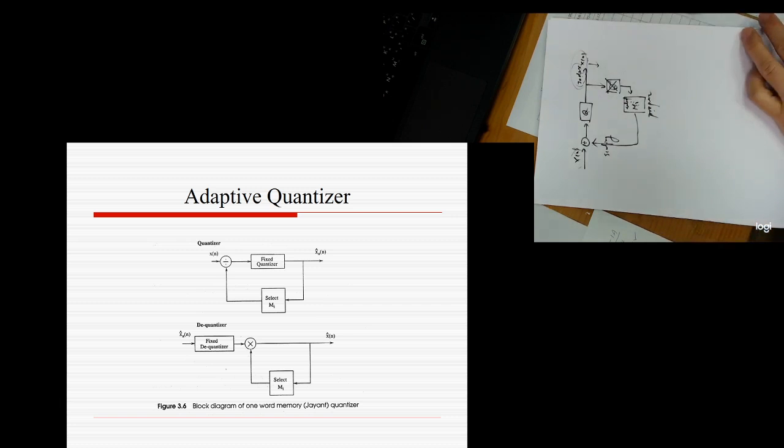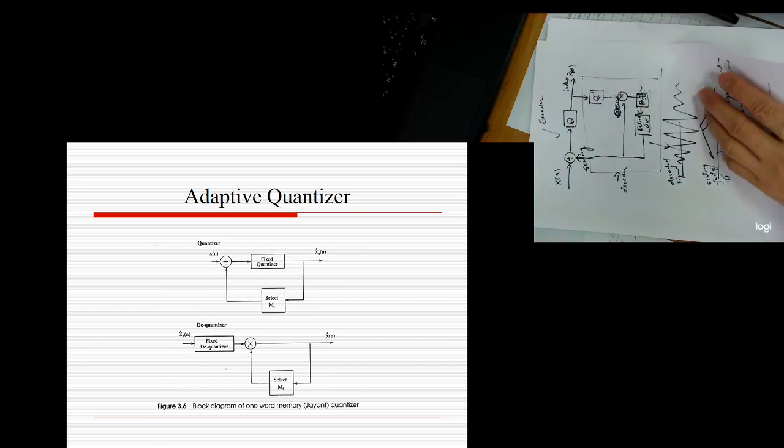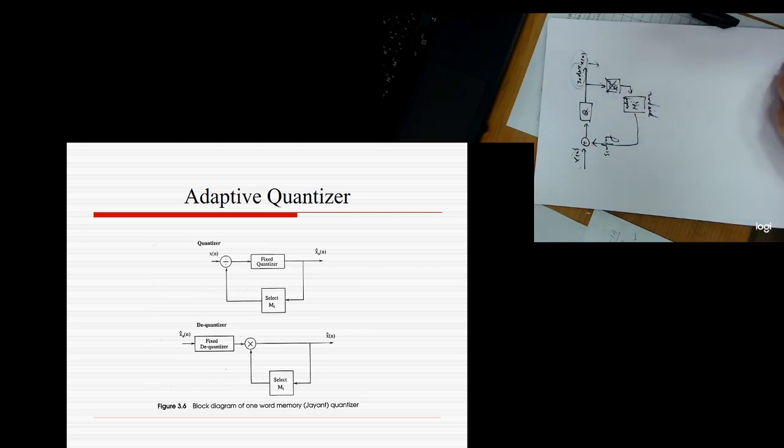So they call this a one-word memory. The other one considers many words to do the adaptation; this one just considers one word, the previous decoded data, to select the proper one to do the quantization, to do the scaling.